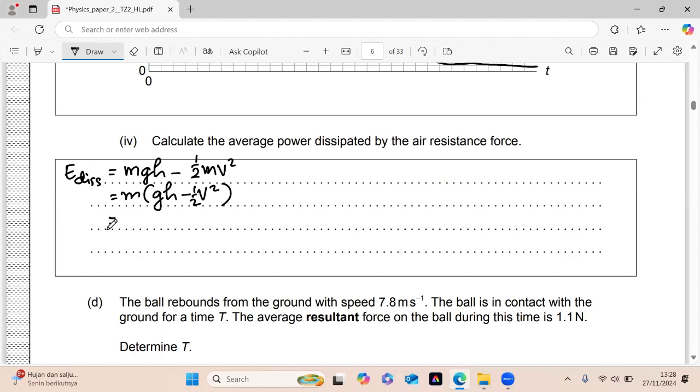So we can find the value of energy dissipated.